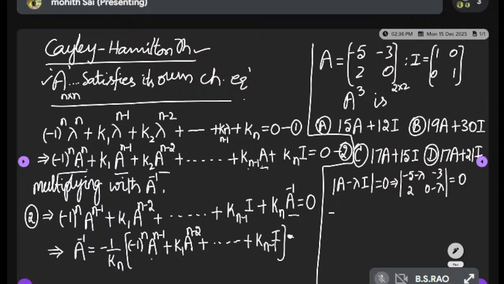So if you write this, lambda square plus 5 lambda plus 6 equals 0. By Cayley-Hamilton theorem, what you can write? A square plus 5A plus 6I.